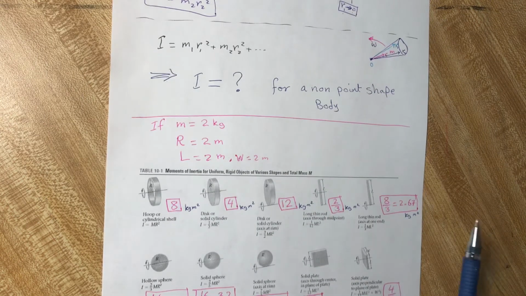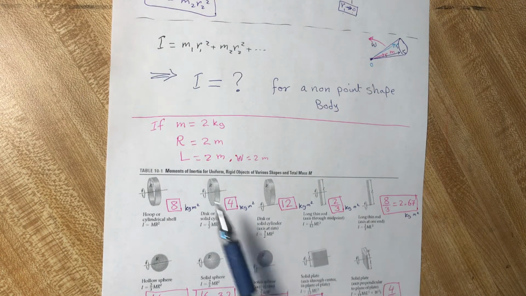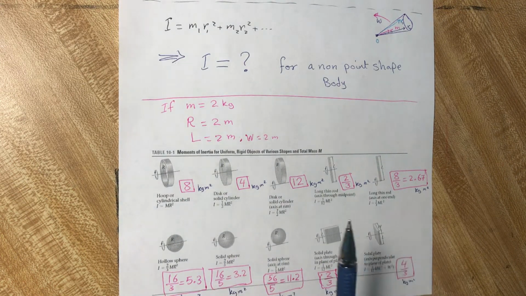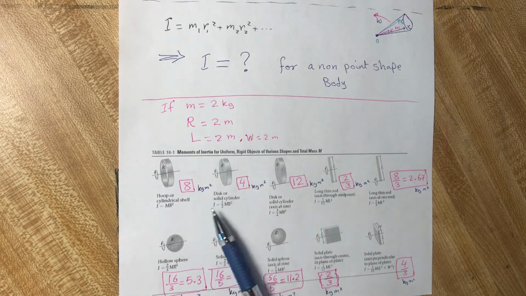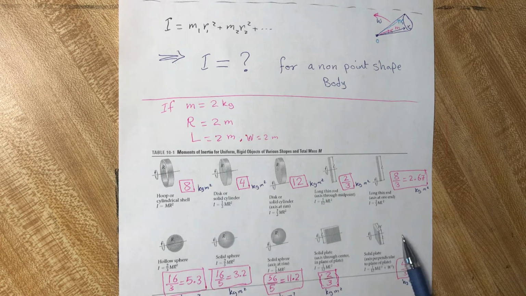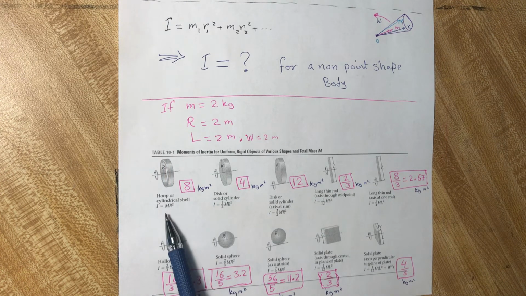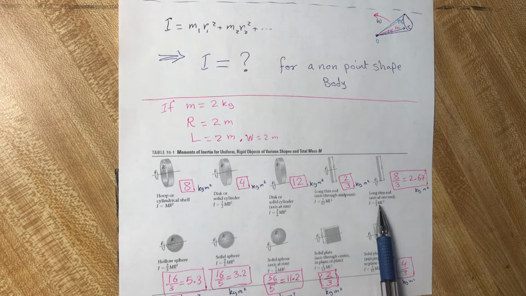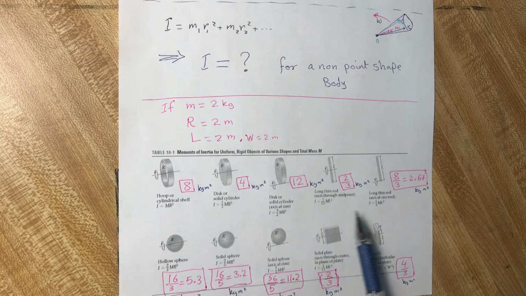For these bodies, we have Table 10.1 on page 316, with about 10 uniform shaped bodies, and their moment of inertia formulas are given. You don't need to carry them in the test. We will give them to you.